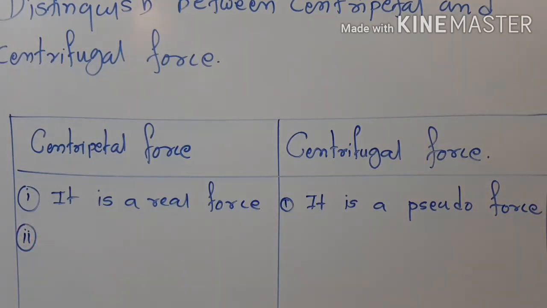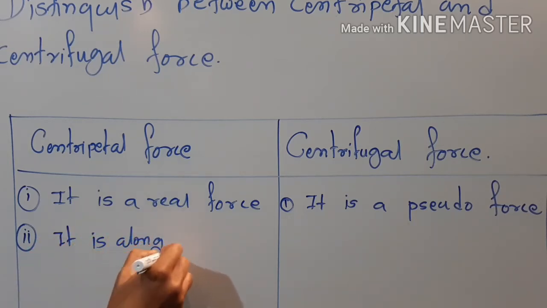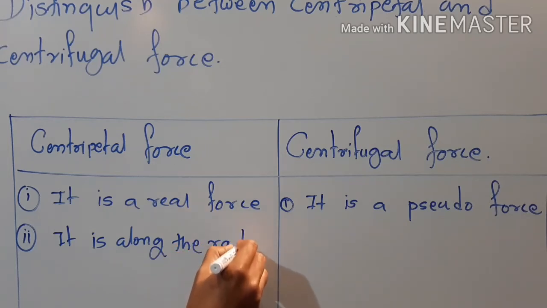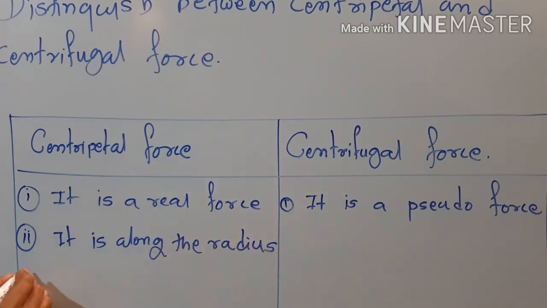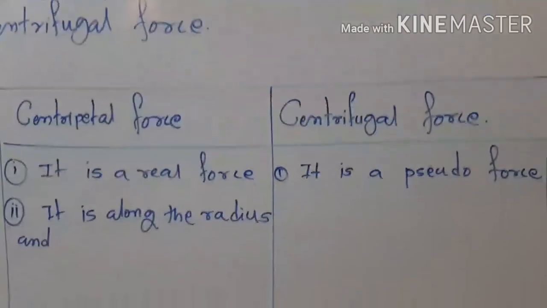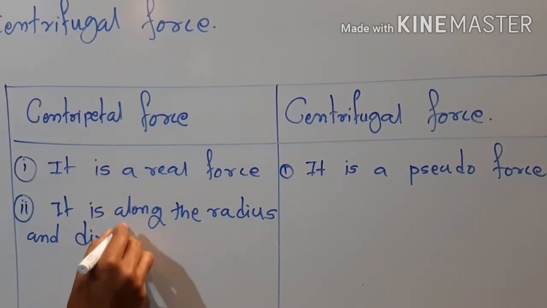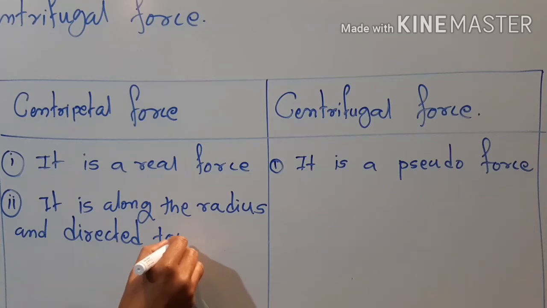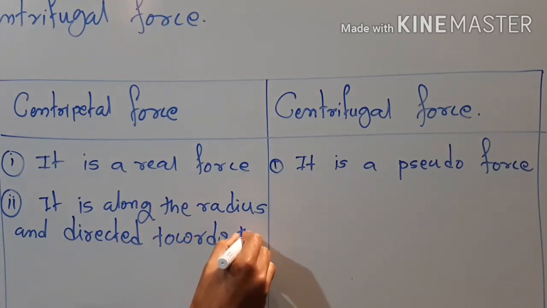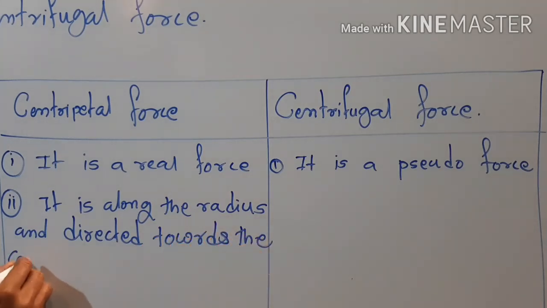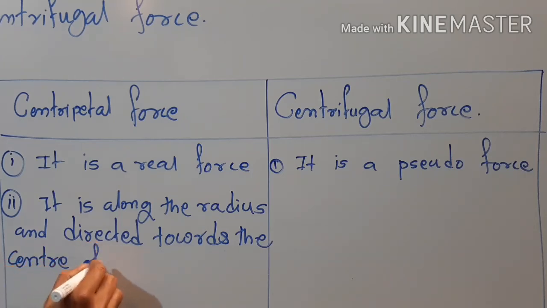The second point in the centripetal force is that it is along the radius and directed towards the center of the circle.